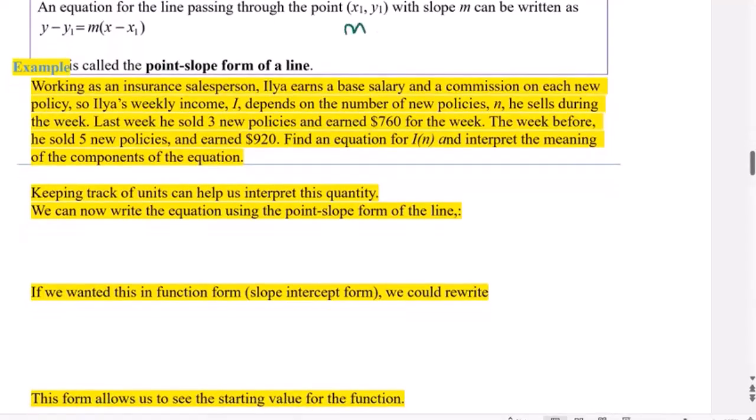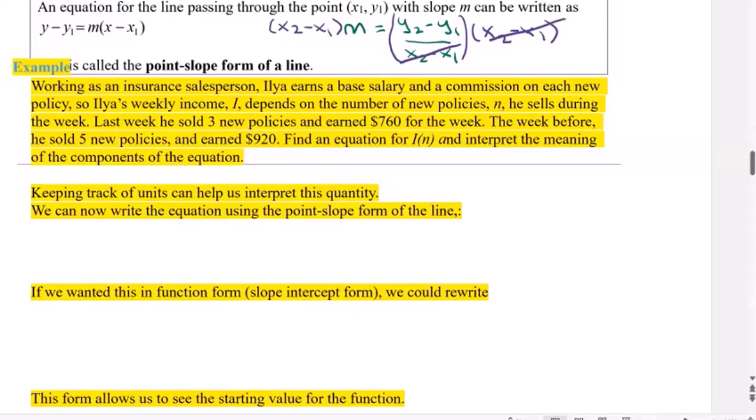Remember, our slope is always going to be y2 minus y1 over x2 minus x1. If I multiply both sides by x2 minus x1, this cancels with this.